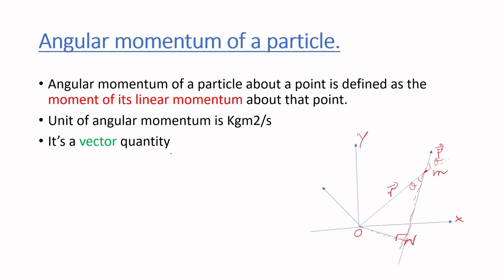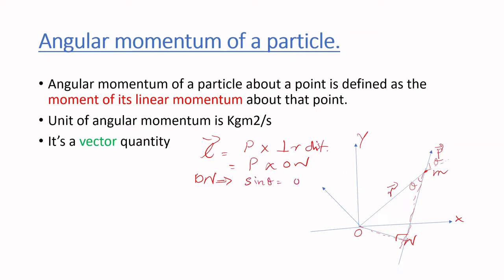Now we will find the angular momentum L. Angular momentum L is momentum P times the perpendicular distance from the axis of rotation, so it is P into ON. What is ON? We can find ON from sine theta.